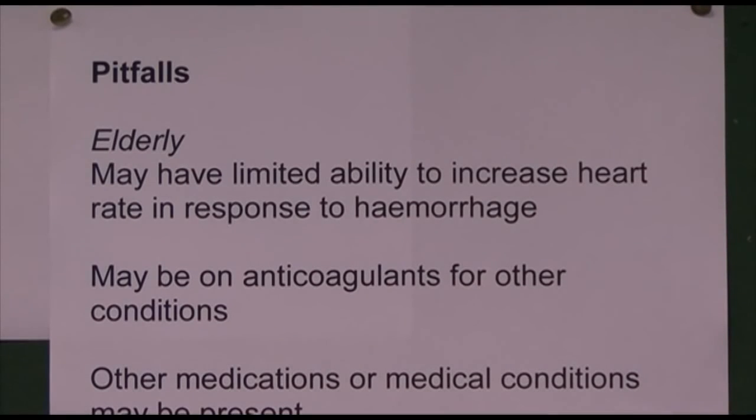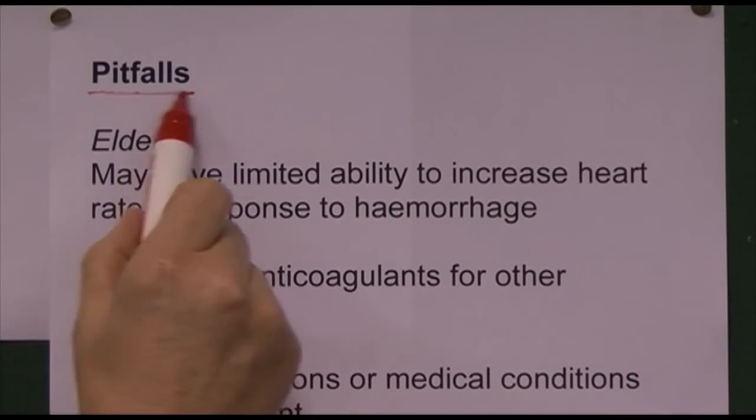So we've talked about airway and cervical spine protection, breathing and ventilation, circulation and hemorrhage control, disability with the neurological examination with AVPU, GCS, examination of the spinal cord and peripheral nervous system, and E for exposure, environment and everything else. And the last thing I just want to mention is a few possible pitfalls.